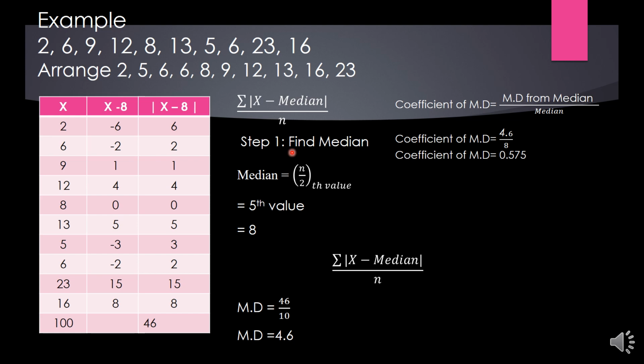As you know that we have the ungrouped data here, and for the ungrouped data, first of all, for the median we have to arrange our data. So I just arranged the data here like this, and then I wrote the formula of median. Why did I write the n by 2 formula?